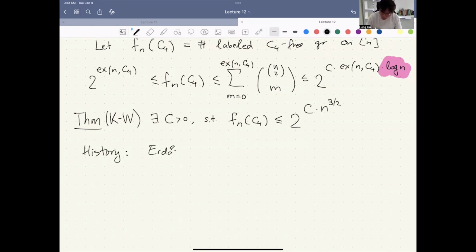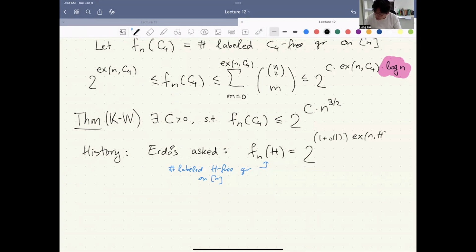Originally Erdős asked whether f_n(H), the number of labeled H-free graphs on n vertices, equals 2 to the (1 plus little o(1)) times the extremal number of H. This is quite natural. The lower bound comes from just taking subgraphs of the largest H-free graph. So basically he's asking whether this lower bound is correct up to an error term in the power.